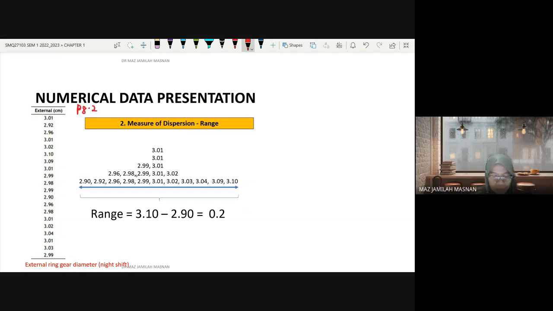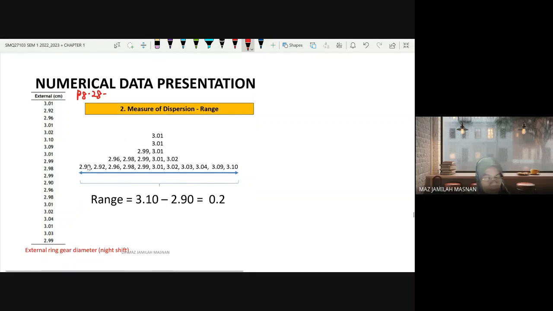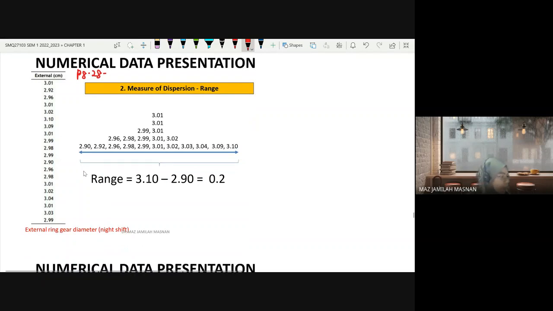It shows you the Excel part. Now you have the external ring here. You have all the measurements for the external ring, and you wish to know what the range is.